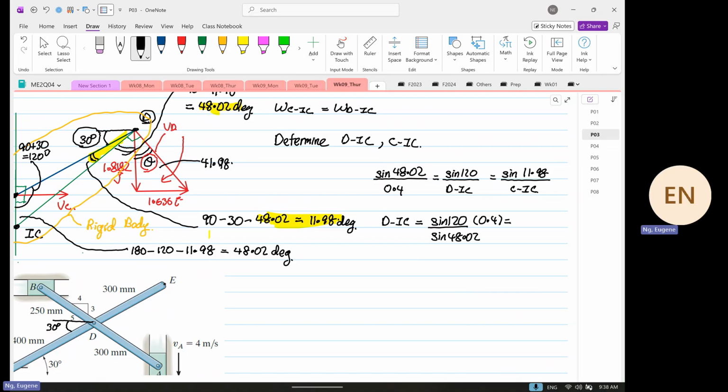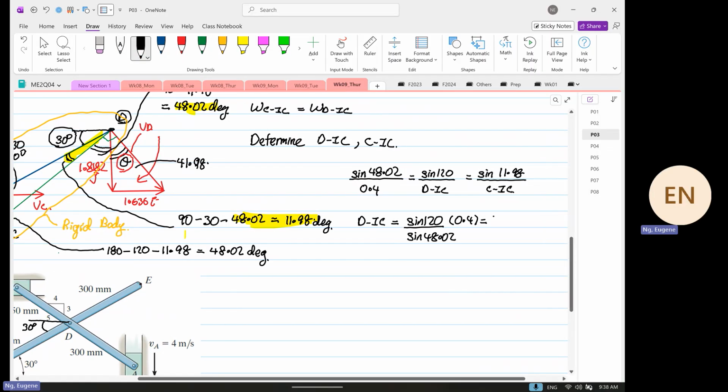Okay, so sine 120 divided by sine 48.02 times 0.4 is equal to 465.994 times 10 to the power minus 3 meters. Let me do it again. So sine 120 divided by sine 48.02. Yep.